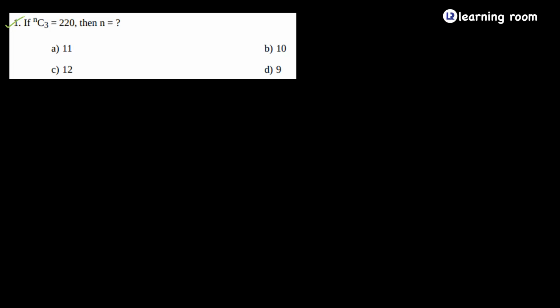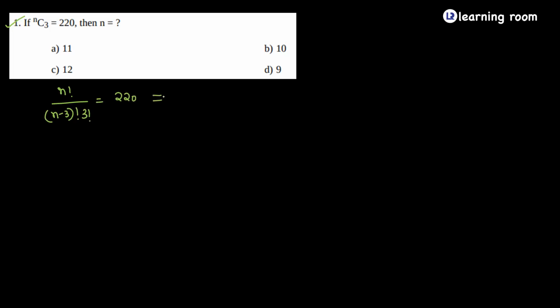So let's see this question. If NC3 is equal to 220, then what is the value of n? Right? So NC3 is n factorial divided by n minus 3 factorial into 3 factorial.